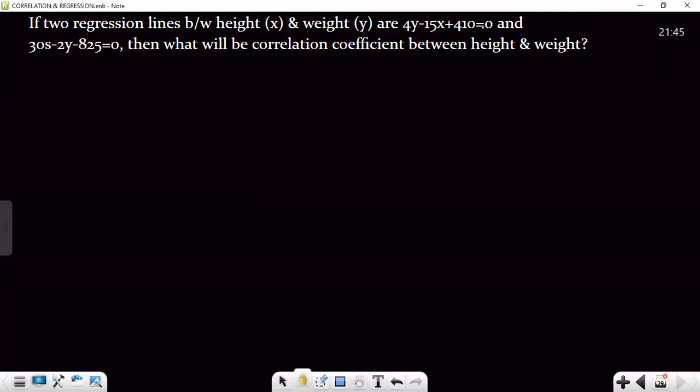So regression lines are given. Then we have to find out the correlation coefficient actually.